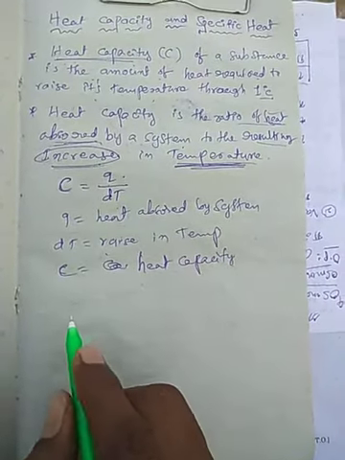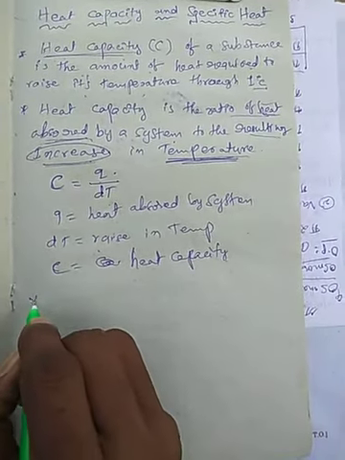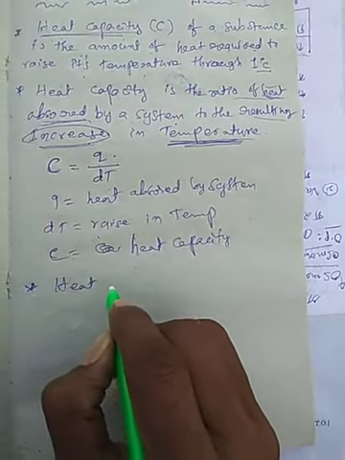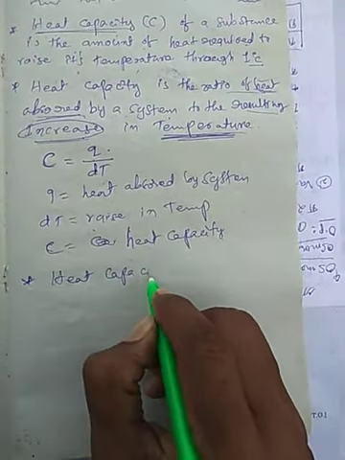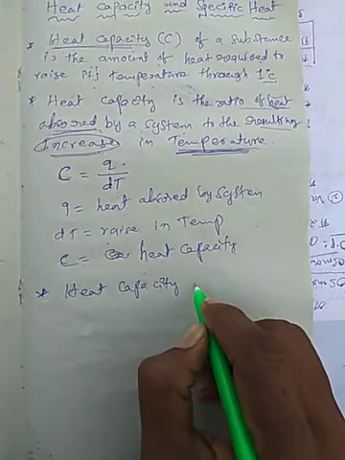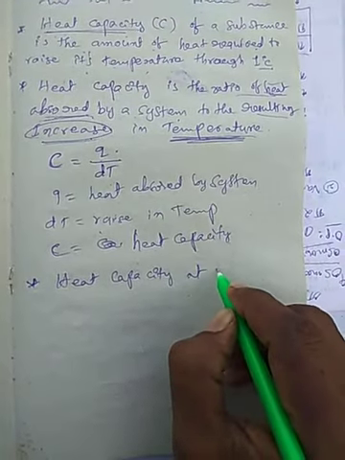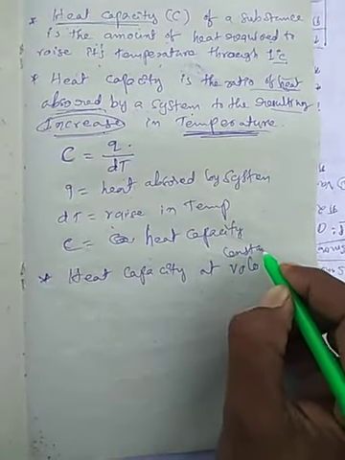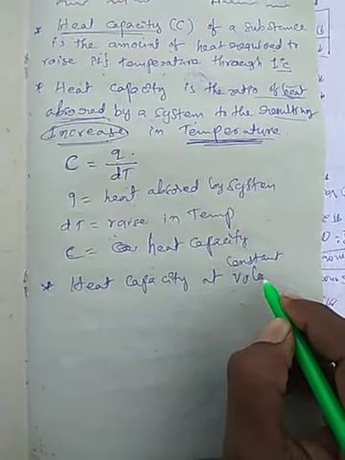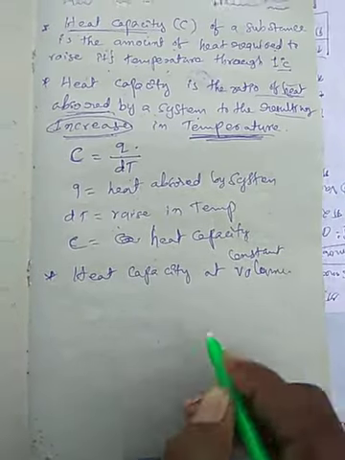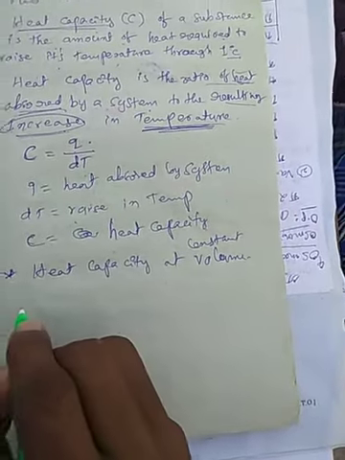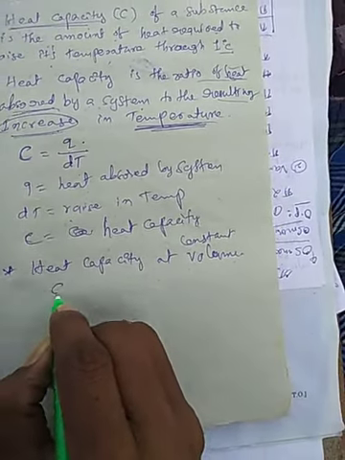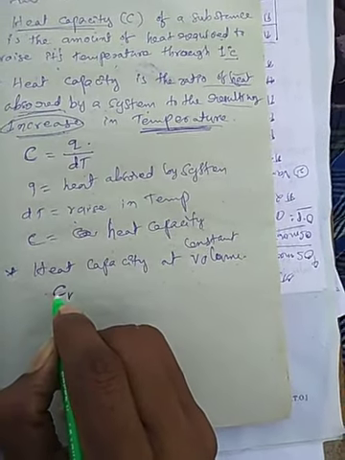Now I am going to explain heat capacity at constant volume. This is represented by Cv.